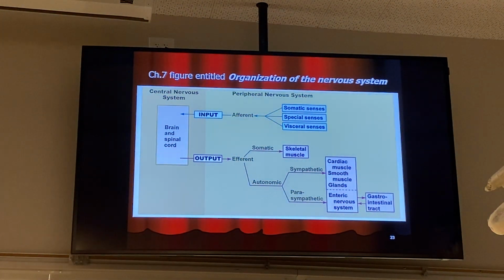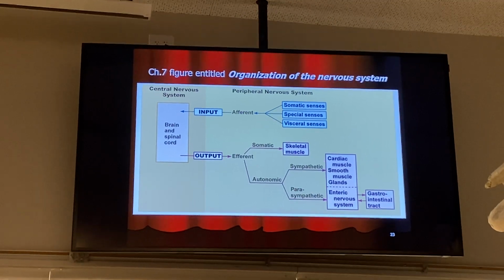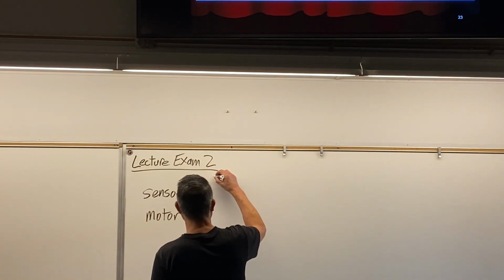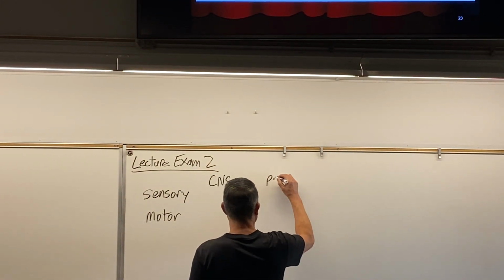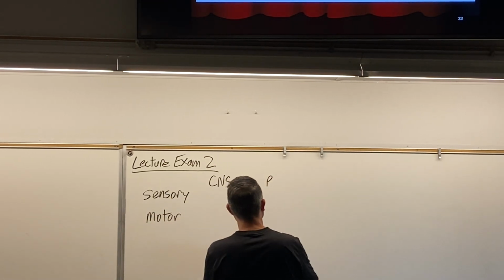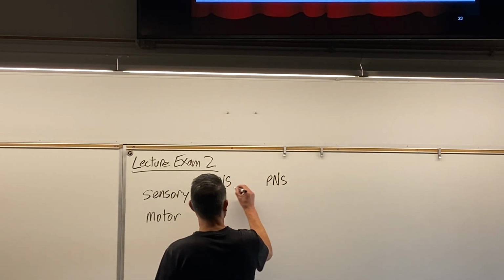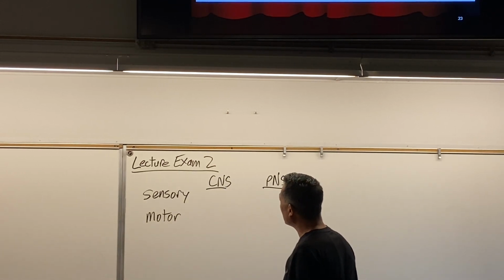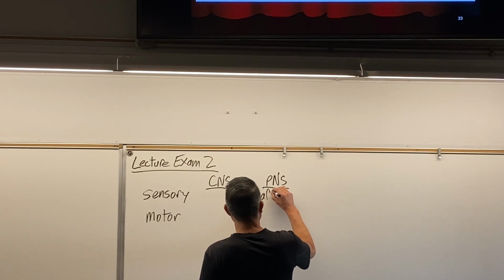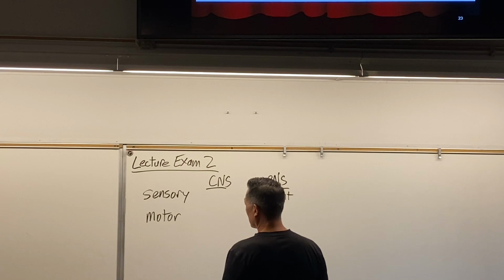And then we're going to look at some of these other terms. So you have some neurons that are sensory, some neurons that are motor. We use some different terms for CNS and PNS. In the PNS, we use afferent for sensory neurons.